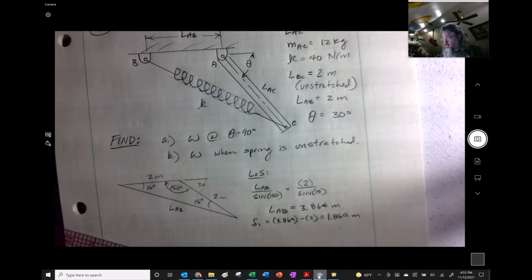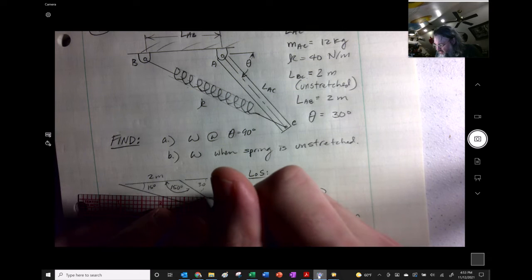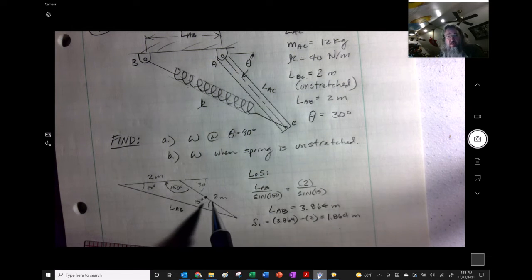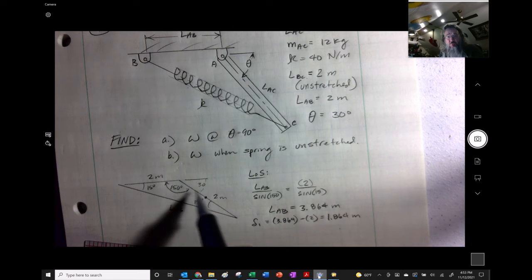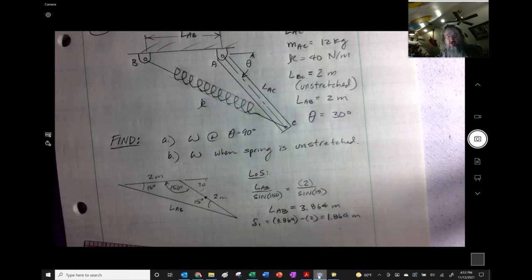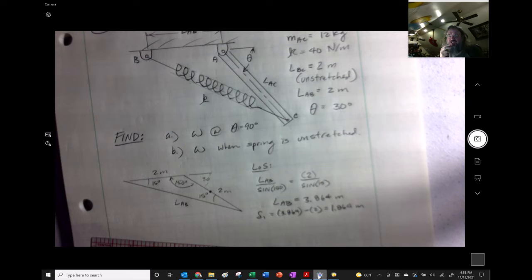We also need to know the height of this location right here. That's not too hard, right? Because that's just going to be the 1 meter times the sine of 30. No, 2 meters times the sine of 30, but I think that'll actually be 1. So we should be okay. Let me think about that.